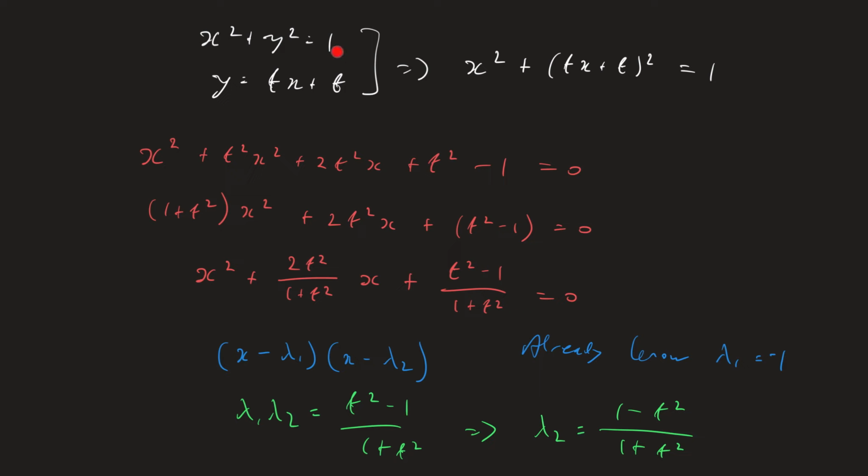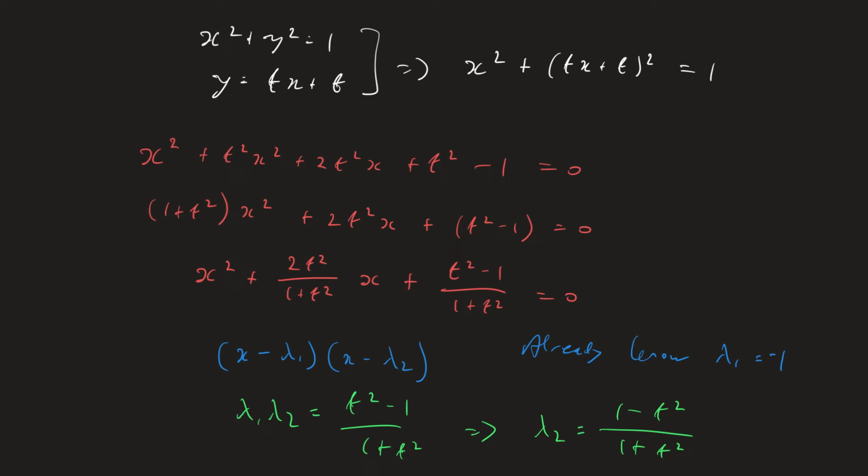We still do the substitution to get our quadratic equation here, but rather than solve this quadratic equation, we know that it factors in this form here because it's a quadratic equation, and we know that one of the factors is -1, and we know either by expanding this or having memorized it that this term here will be the product of the two roots.